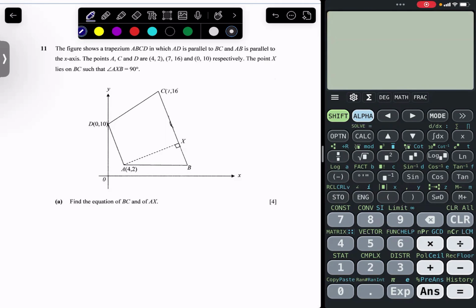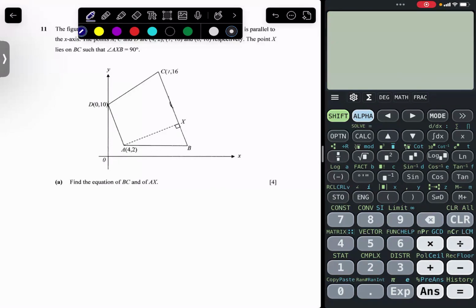To find the equation of a line, we need to find the gradient and the y-intercept of the line. Since line BC is parallel to line AD, we can get the gradient from AD. So the gradient of AD is equal to 10 minus 2 over 0 minus 4.